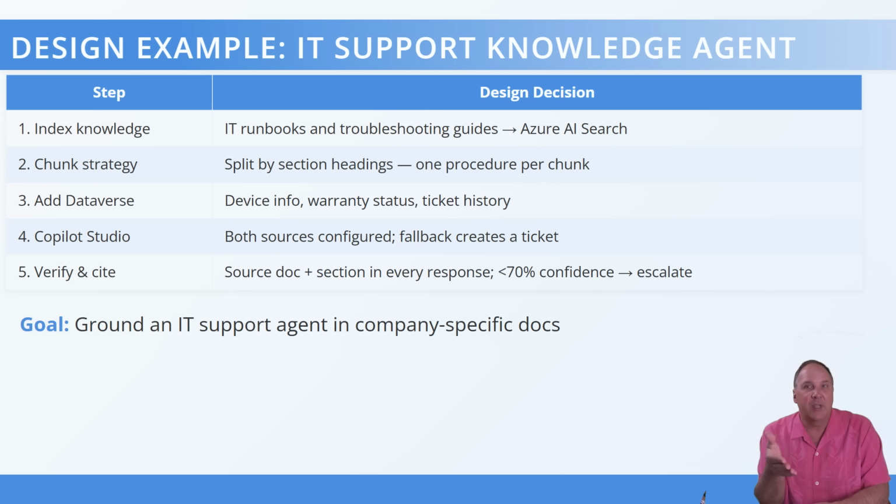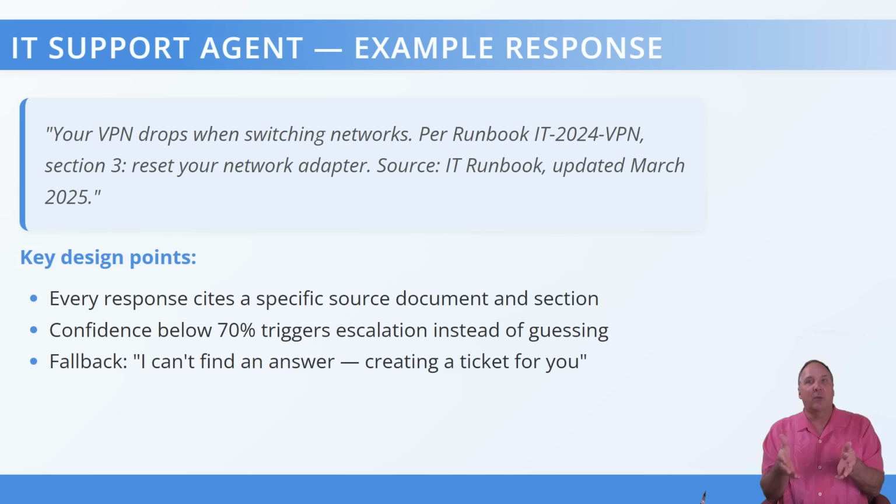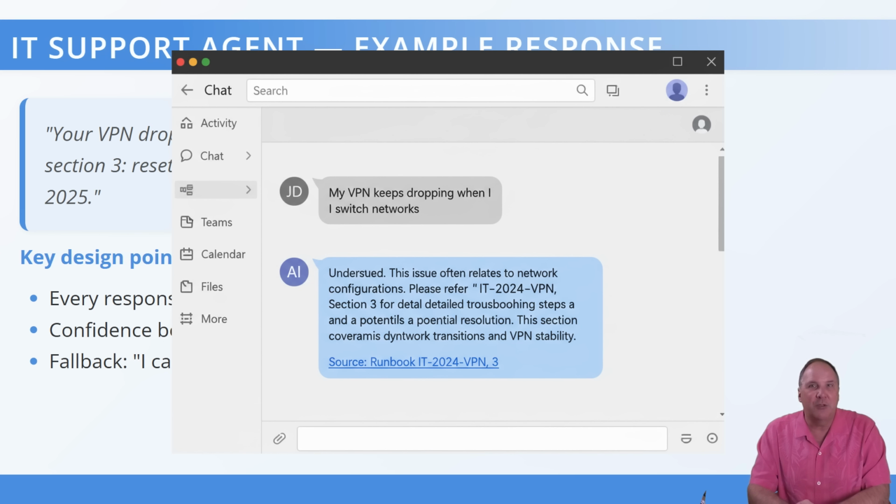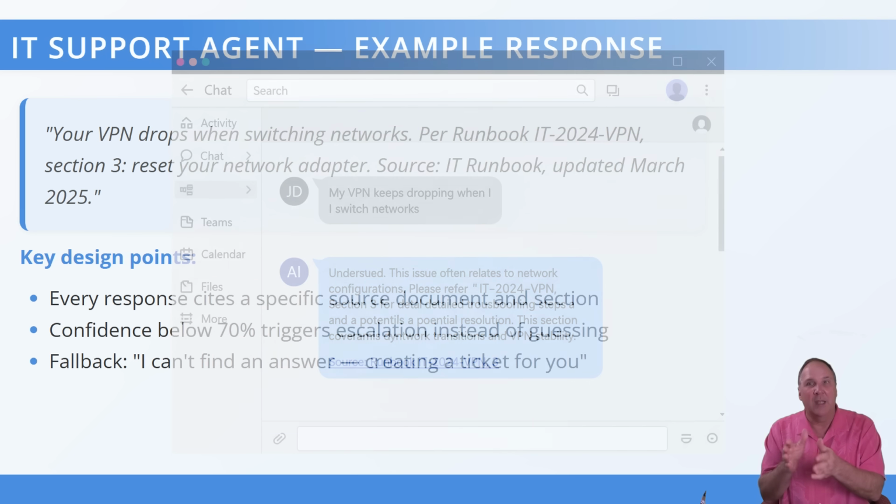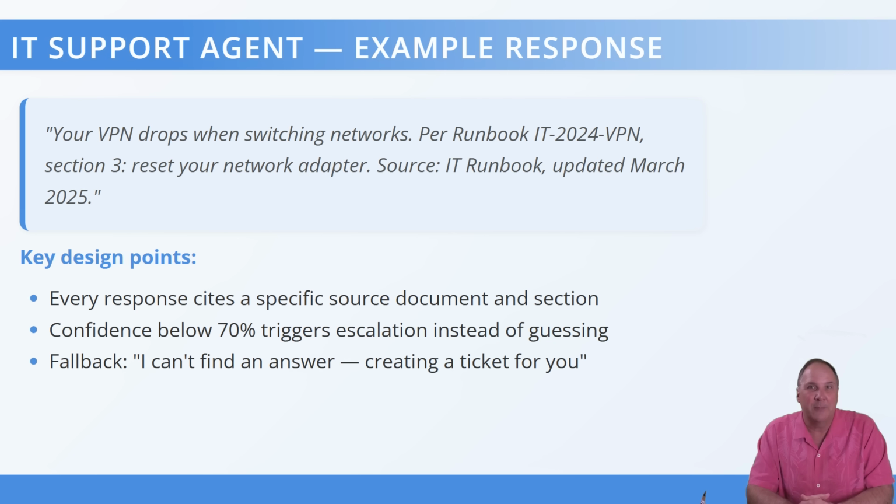Set a 70% confidence threshold and require citations on every response. So the result, when a user asks, "My VPN keeps dropping," the agent retrieves the runbook IT-2024-VPN section 3 and responds with the specific fix, citing the source document and the update date.